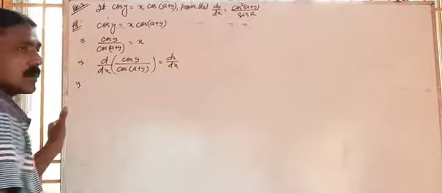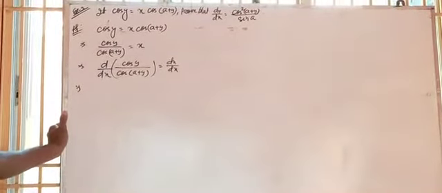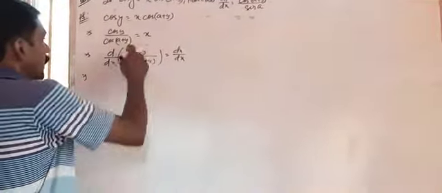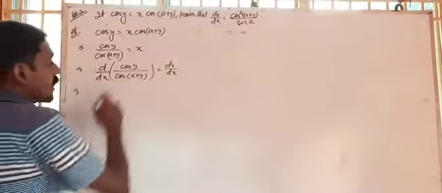Now here we will use the quotient rule. It is an implicit function, it contains y.